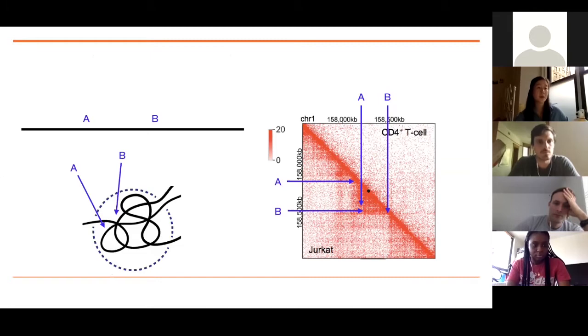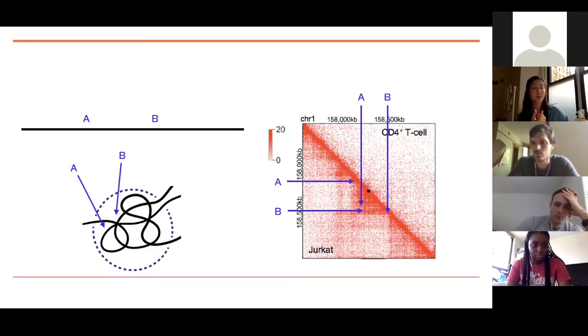At the point where the arrow coming down from A and the arrow going right from B meet, there's a red dot. And the intensity of that red dot shows you how many times you captured that contact between point A and point B.